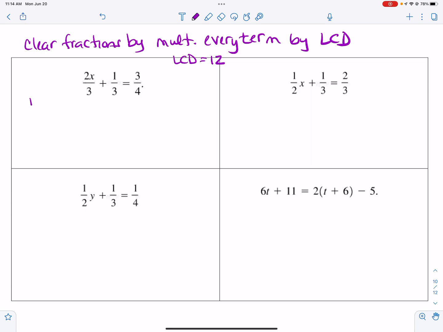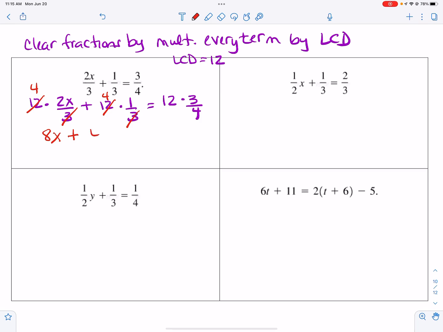So I'm going to take 12 times 2x over 3 plus 12 times 1/3 is equal to 12 times 3/4. So 3 goes into 12 and leaves 4. 4 times 2x is 8x. 3 goes into 12 and leaves 4, and 4 times 1 is 4. 4 goes into 12 and leaves 3, and 3 times 3 is 9.